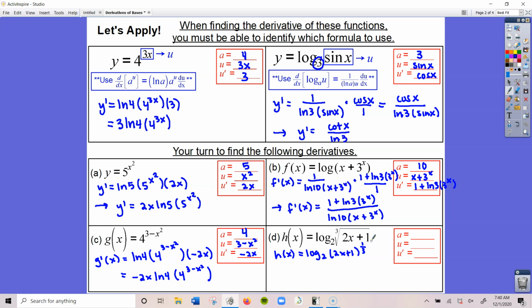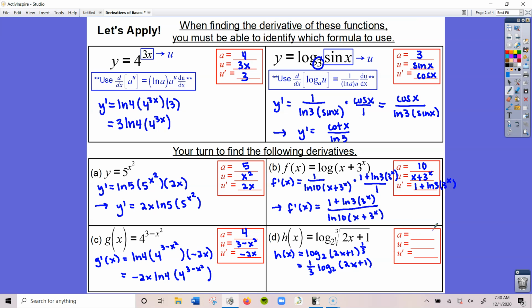So instead, if I apply the power property of logs, this exponent becomes a coefficient of the log. So actually, h of x would equal 1/3 of log base 2 of 2x plus 1. And now u is just the 2x plus 1, so it's much easier to find u prime.